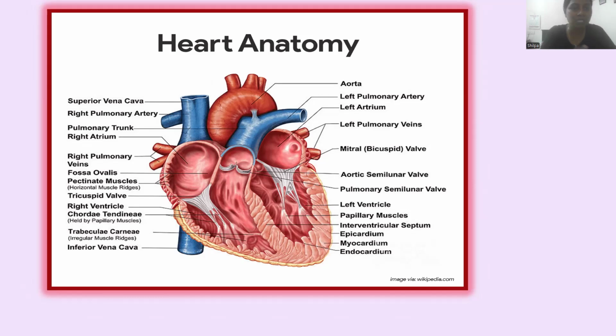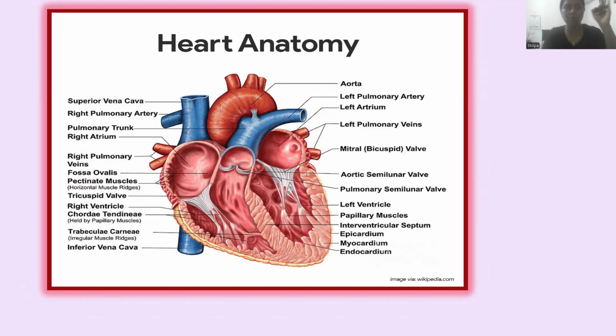And posteriorly, you can see the esophagus, trachea, then left and right bronchus, then descending aorta, inferior vena cava, then thoracic vertebrae. All those things are there posteriorly. Inferiorly, as I said, the apex rests on the central tendon of the diaphragm.